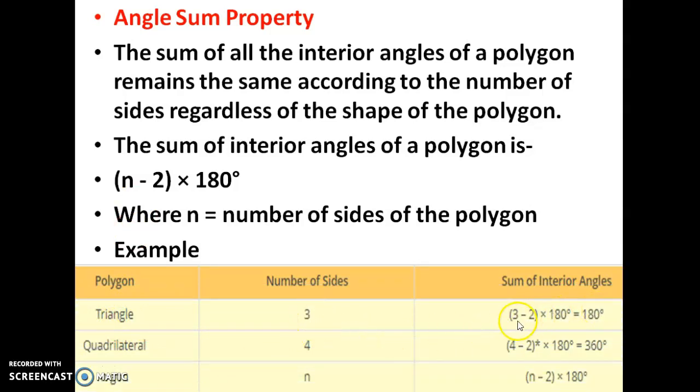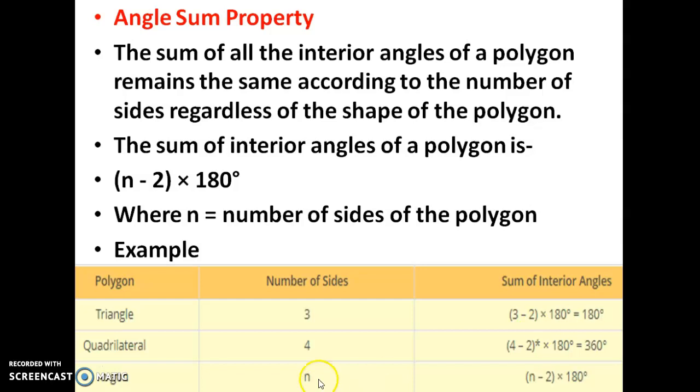This is the formula to find the sum of the angles. If you substitute, n is 3, so (3 minus 2) into 180. 3 minus 2 is 1, 1 into 180 equals 180 degrees. You would have studied this in your previous class itself. The sum of the angles of a triangle is equal to 180 degrees.